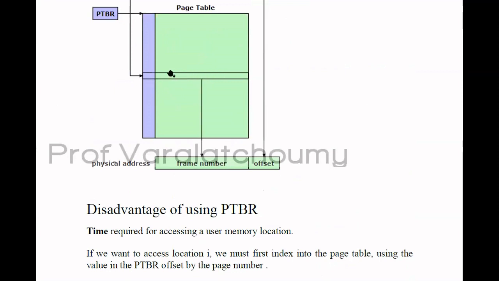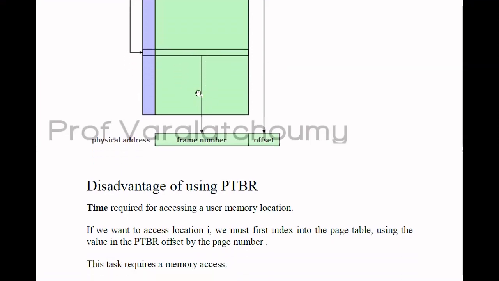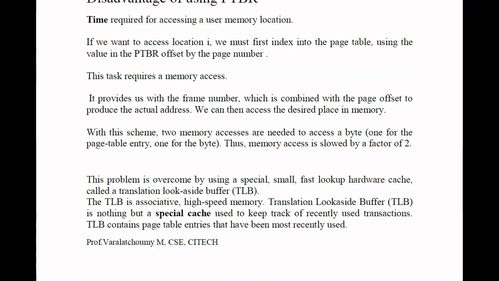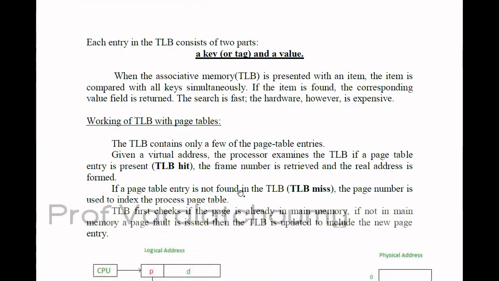Whenever page number 3 or any instruction related to page number 3 is retrieved from physical memory, immediately this information is cached in the translation look aside buffer. The very next time the processor tries to access the same instruction, it need not refer to the page table stored in the physical memory. Rather, it is readily available in the translation look aside buffer.